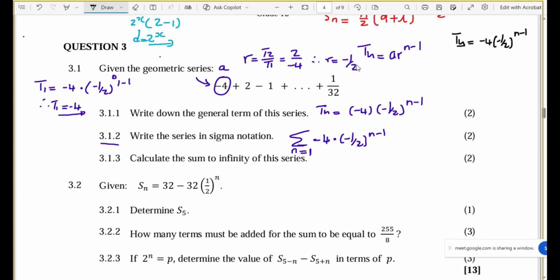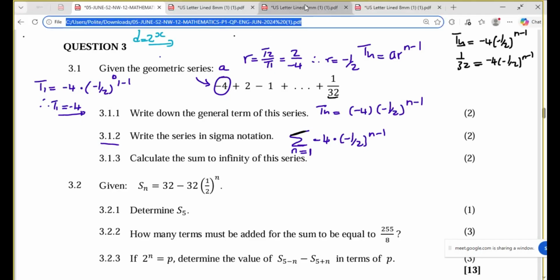We know what the last term is. We can equate that to the last term and solve for n, because on top here, we need to put the number of terms. So this will be 1/32 equals -4 into -1/2 to the power n minus 1. So let's work on that and find n. Then the n that we get is the one that we're going to put on top.